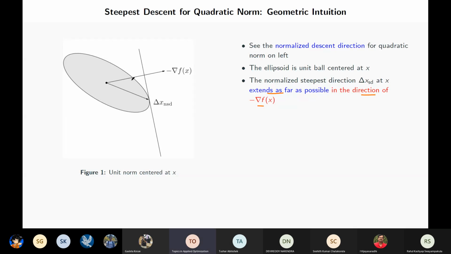One possibility is that I go in the direction of negative grad fx, but it may not be the steepest in this norm. If I go in the direction of minus grad fx, then I will go out of my ellipsoidal ball.